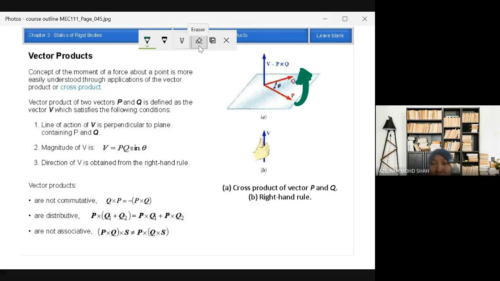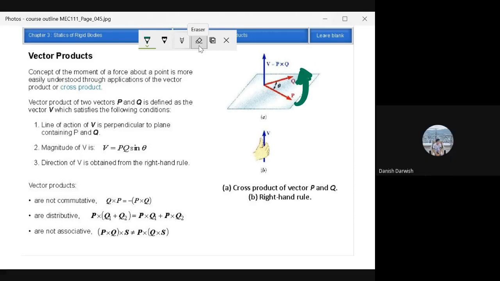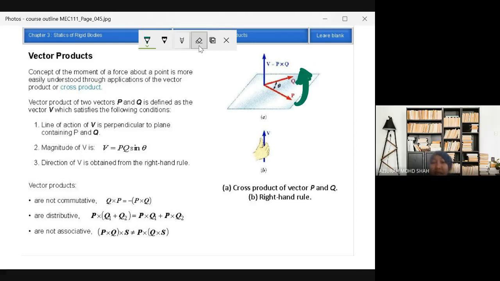Nanti kamu akan jumpa dalam momen, saya akan tanya rotation dia clockwise ke counter clockwise. Daripada situ nanti kamu boleh nampak idea dia punya direction moment dia dekat mana.